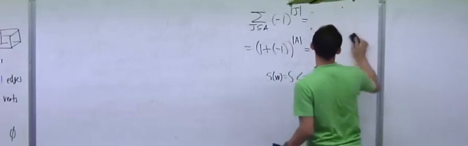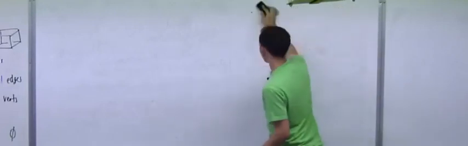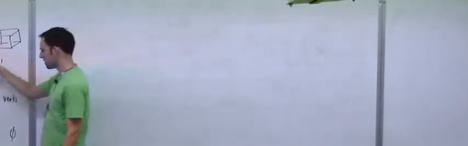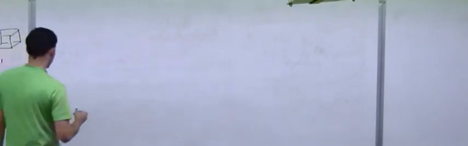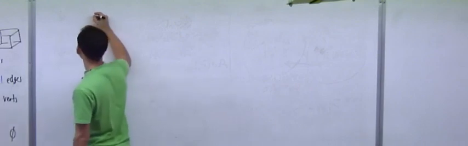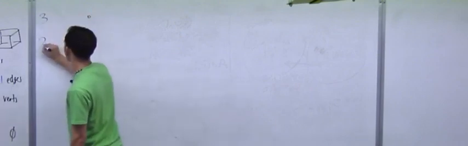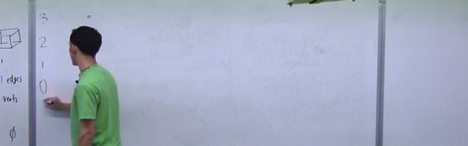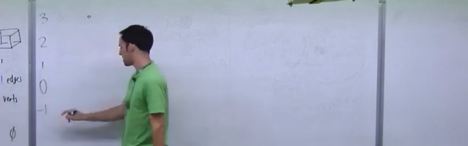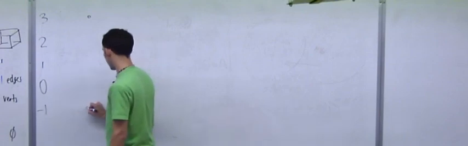Let's do it for 3 polytopes. So why should I have expected to get this Mobius function no matter what 3 polytope I get? Because no matter what 3 polytope I get, here's the 3-dimensional, 2-dimensional, 1-dimensional, 0-dimensional, and the empty set is called -1-dimensional. Okay?